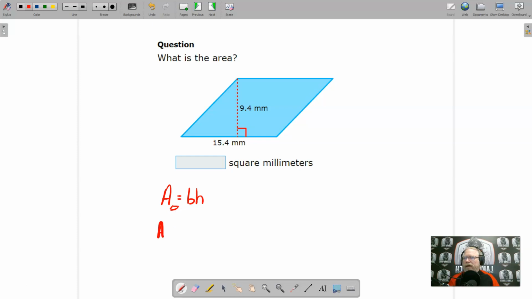So the area of this parallelogram is going to equal the base, 15.4, multiplied times the height, which is 9.4. 15.4 by 9.4 produces a product of 144.76.